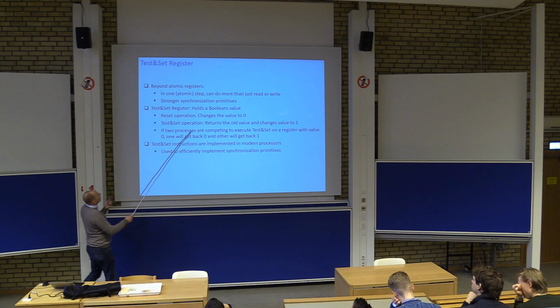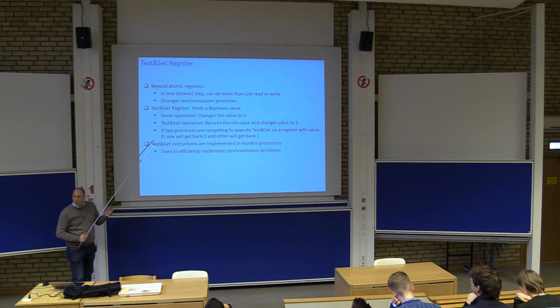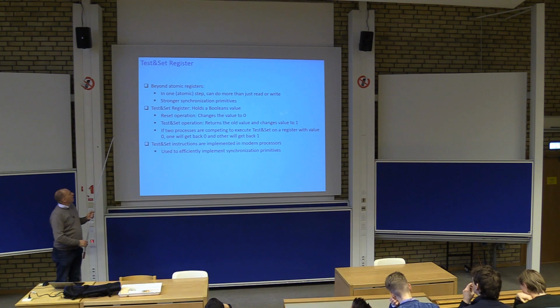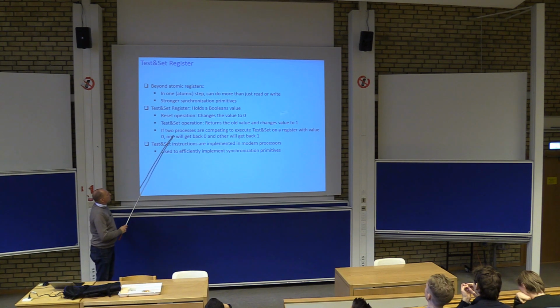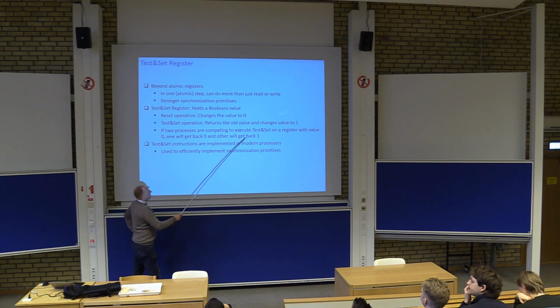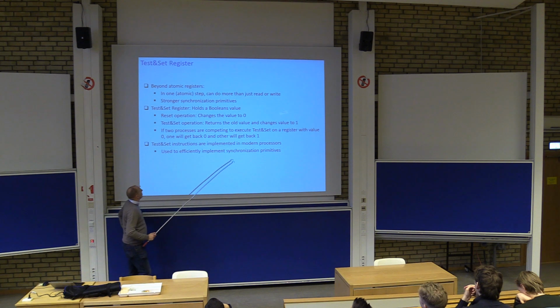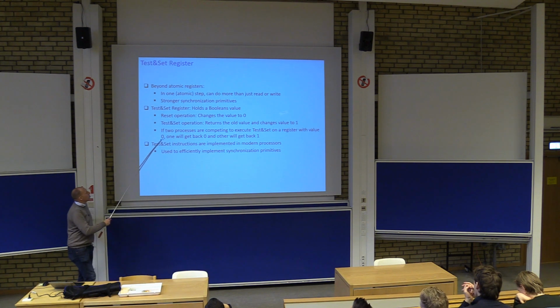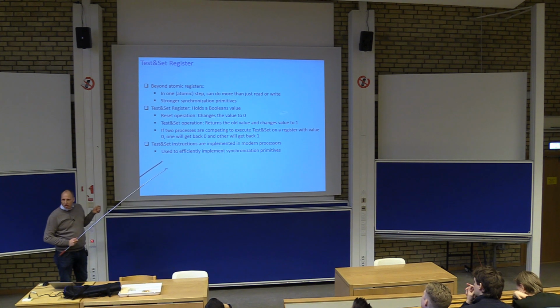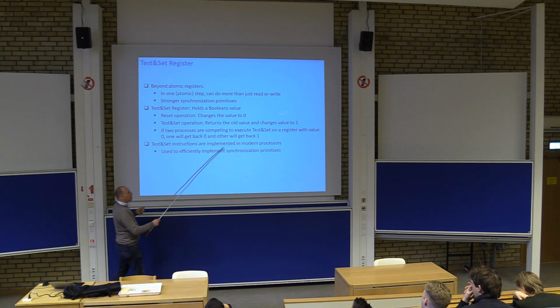And this will be an atomic operation. So if there are two processes competing to execute the test and set instruction on a register with value 0, one will get back 0, the other one will get back 1.